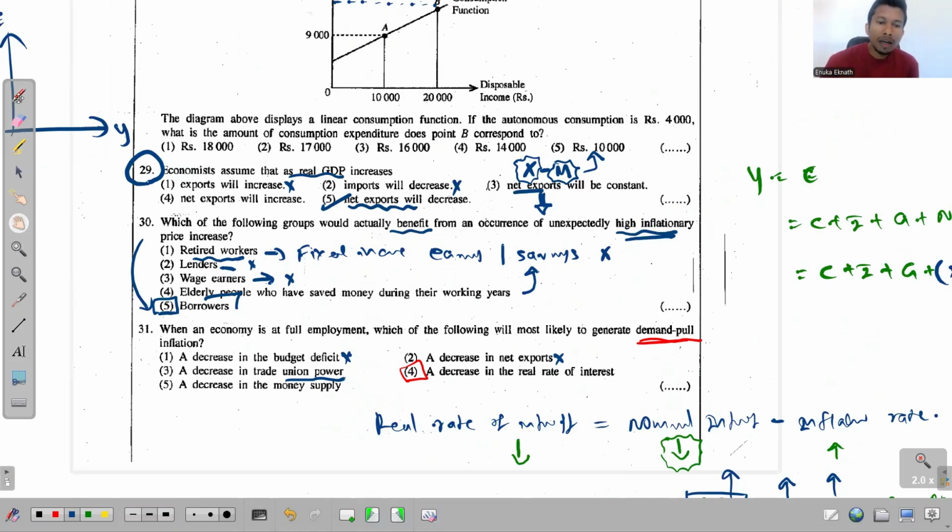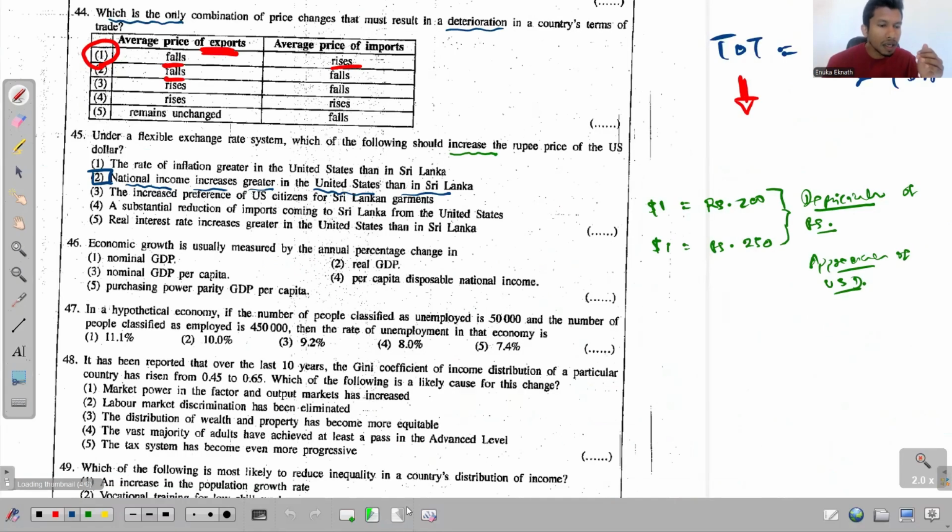In question 29, you just learn one thing. And what is that? You learn the fact that when the real GDP, if not the level of national income Y, increases, nothing happens to exports, but imports will increase. And if you remember that, you can use that knowledge in our question 45.